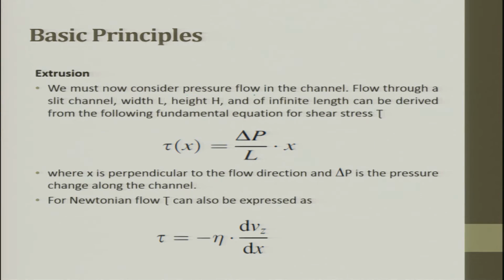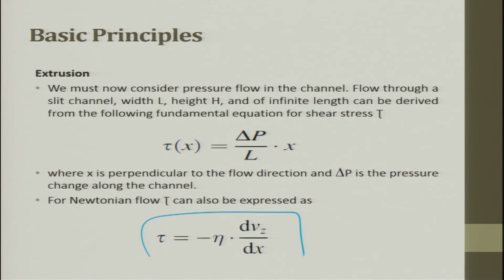We must now consider pressure flow in the channel. Flow through a slit channel, width of L, height is h, and infinite length can be derived from the following fundamental equation of shear stress tau. Tau is nothing but dP by L, okay, where x is the perpendicular to the flow direction and dP is the pressure change, pressure drop along the diameter, and L is the length.